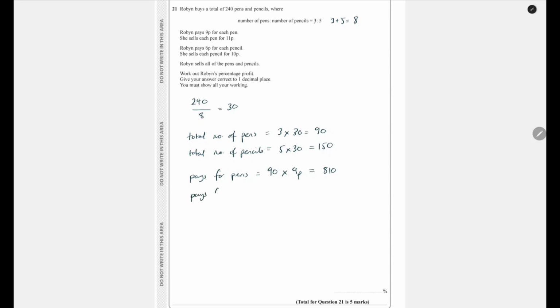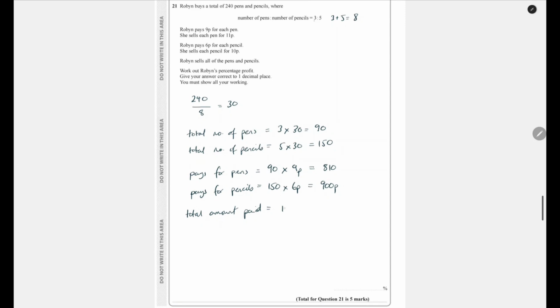If we do the same thing for the pencils, that's 150 pencils multiplied by 6 pence, and that gives us 900 pence. And so the total amount paid is 810 plus 900, and that is equal to 1,710 pence.